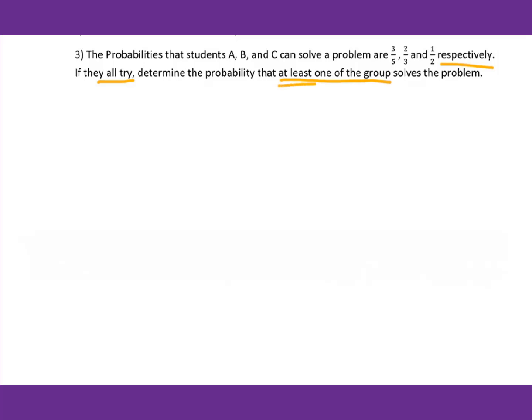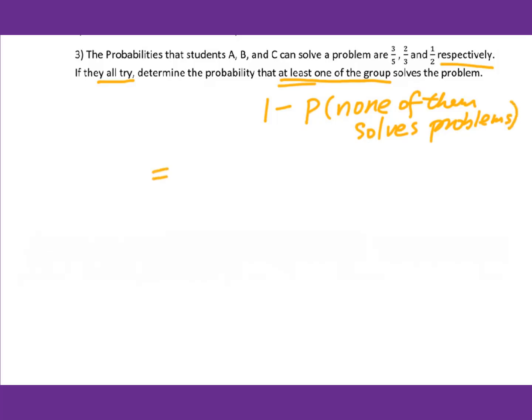At least, that means you use 1 minus the probability none of them can solve this problem. Therefore, we do 1 minus none of them solve the problem.